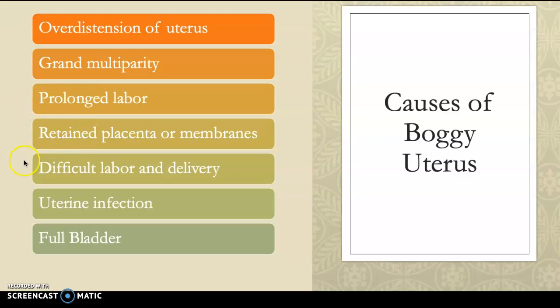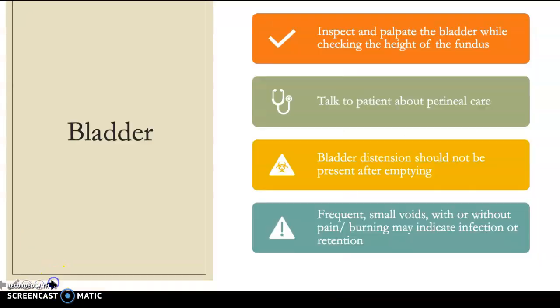If there are any products of conception left behind, parts of the placenta, anything that's left behind will cause that mom to continue to bleed and will cause her uterus not to be constricted. Any kind of difficult labor and delivery, an infection, and also a full bladder.